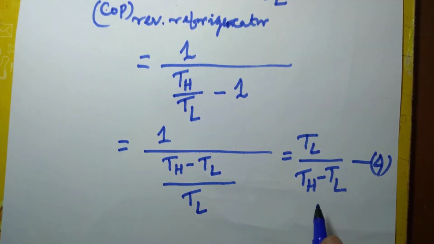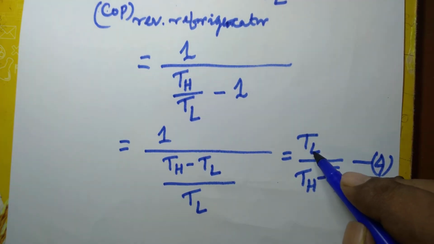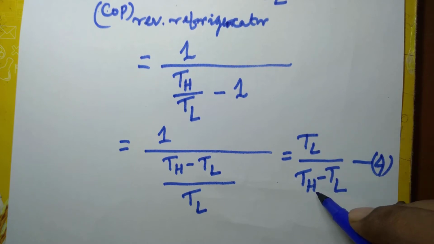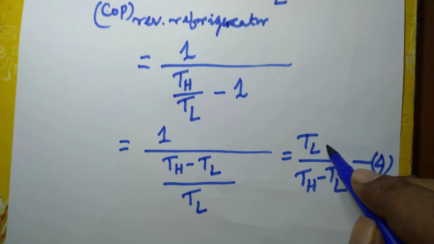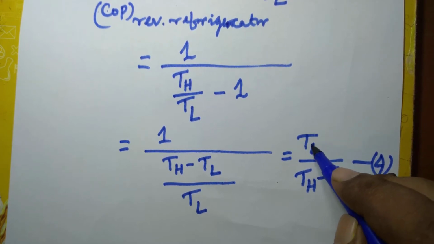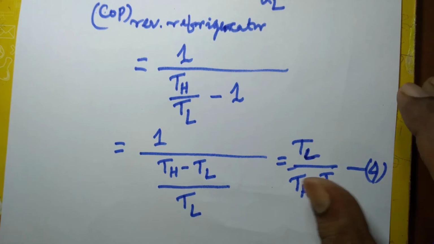This is the COP, or coefficient of performance, of a reversible refrigerator, and that is TL by TH minus TL, where TL is the low temperature from which the refrigerator is extracting heat, and TH is the high temperature or surrounding, in fact, to which the heat is rejected by the refrigerator. So COP of a reversible refrigerator is the low temperature divided by the difference between high temperature and low temperature.